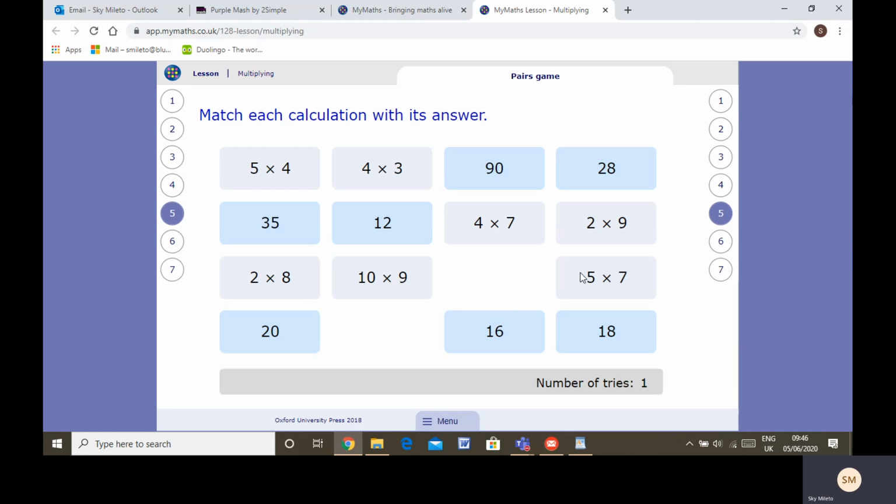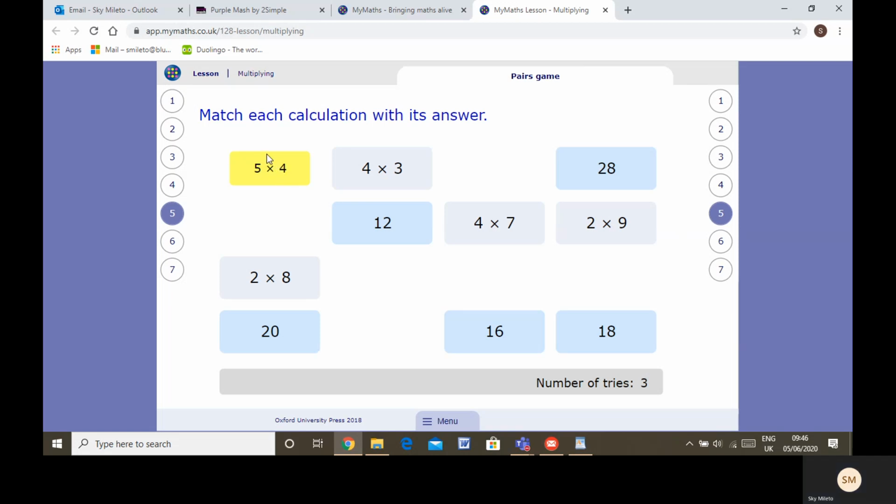Okay, now it's gone. 5 times 7: 5, 10, 15, 20, 25, 30, 35. 10 times 9, that's a very easy one, is 90. 5 times 4: 5, 10, 15, 20. You could go 4, 8, 12, 16, 20, or you could go 5, 10, 15, 20.